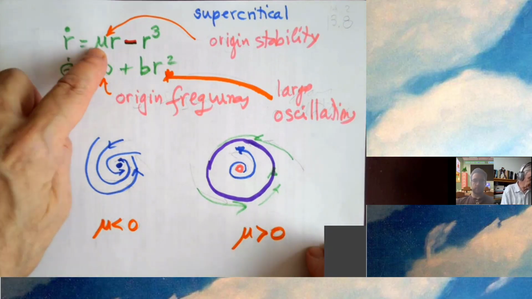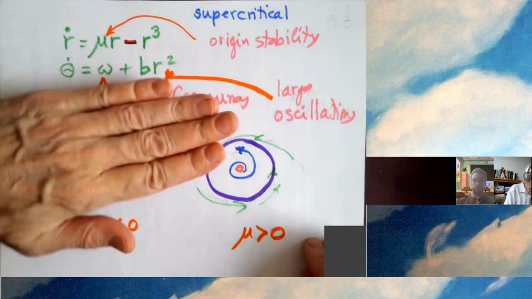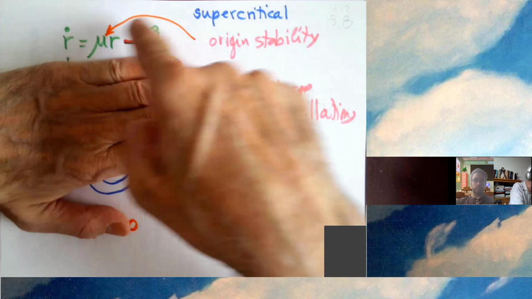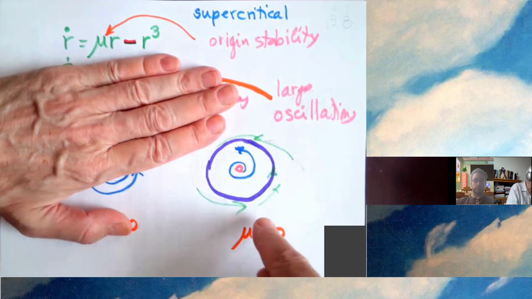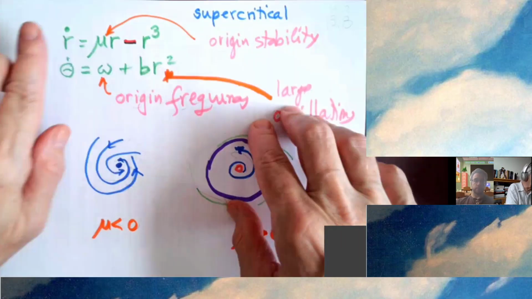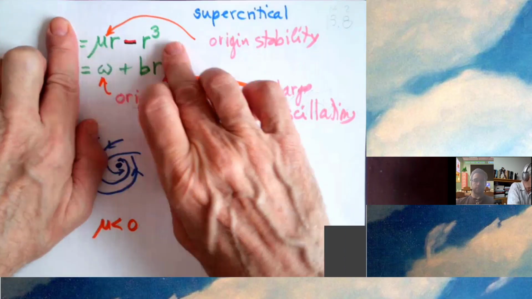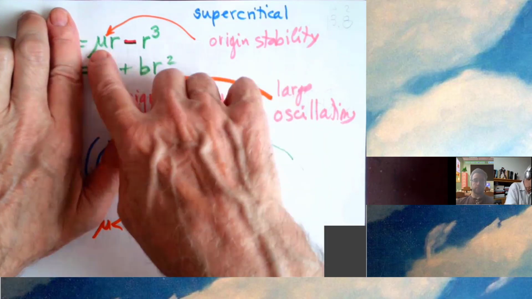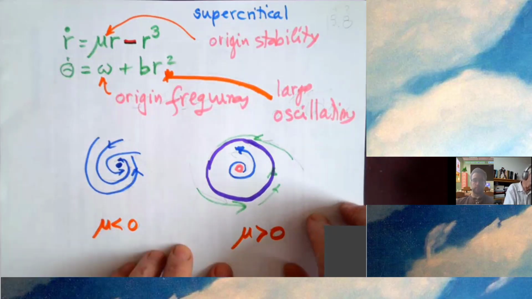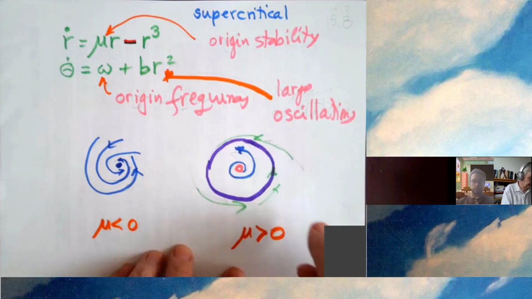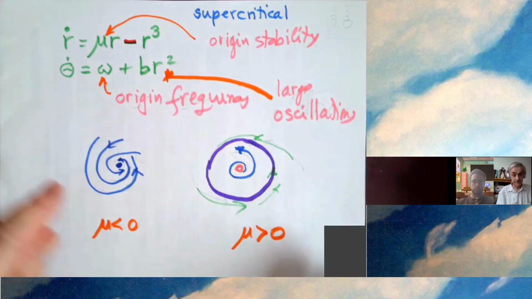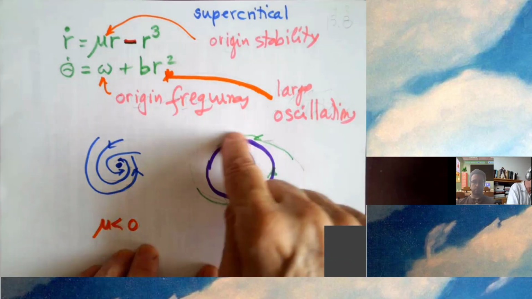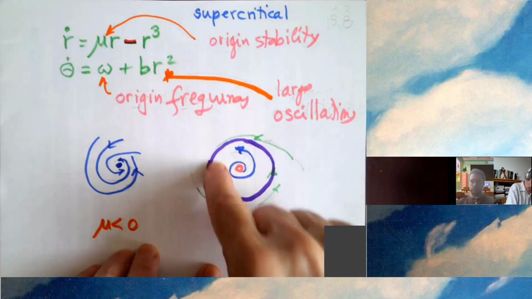But when mu is positive, in just the radial direction, there'll be a point where mu balances this, and velocity will be 0. So when r squared equals mu, you have equilibrium in the radial direction, but this is a two-dimensional system that's running around. So in the rotational direction, you will rotate.